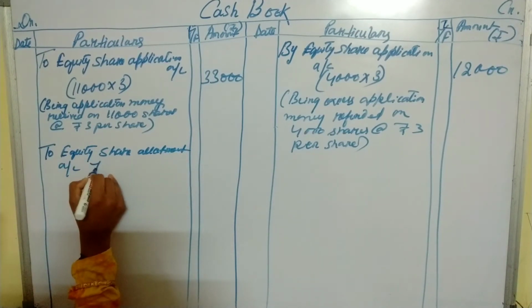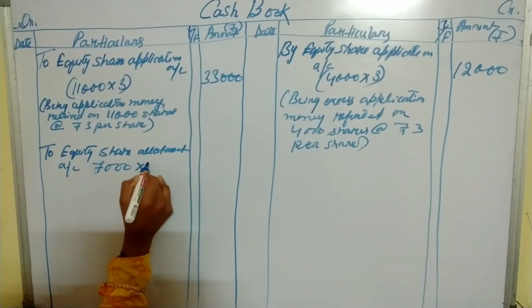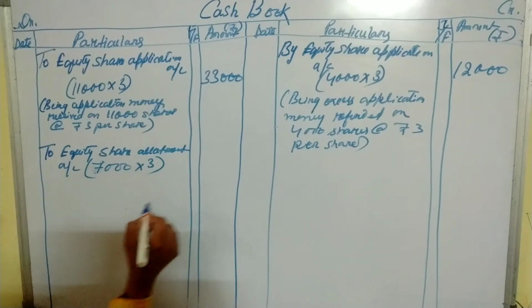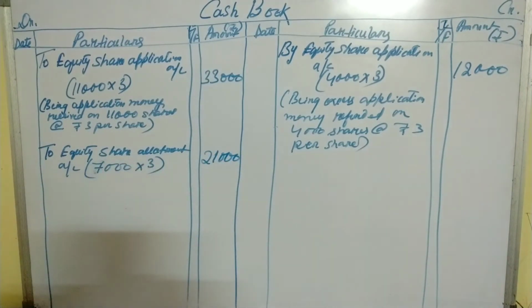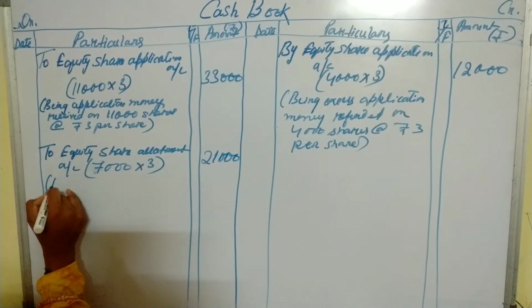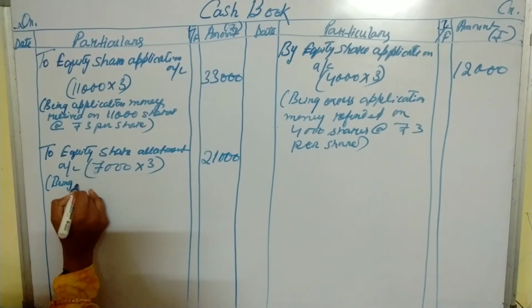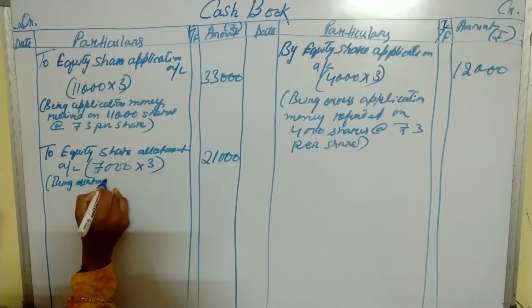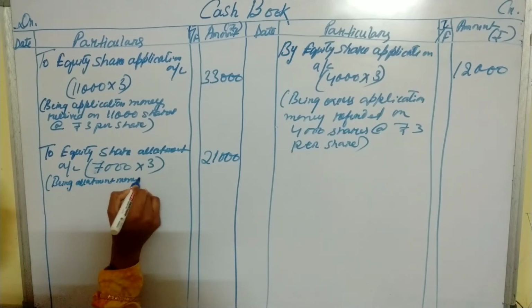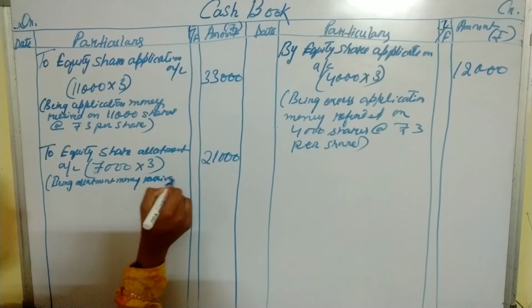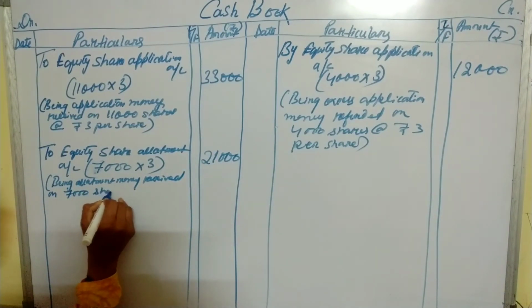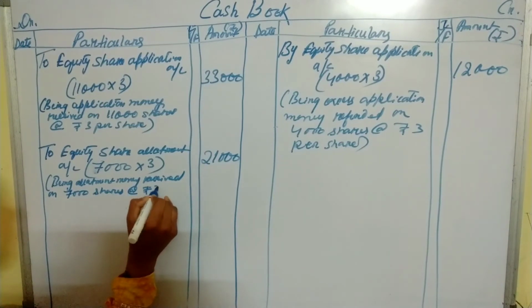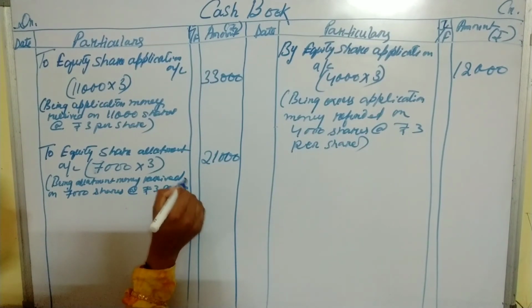So, what was the numbers of shares? 7,000 multiplied by rate is 3, that is 21,000. Okay. Now we will write a narration. Being allotment money received on 7,000 shares at the rate of rupees 3 per share.